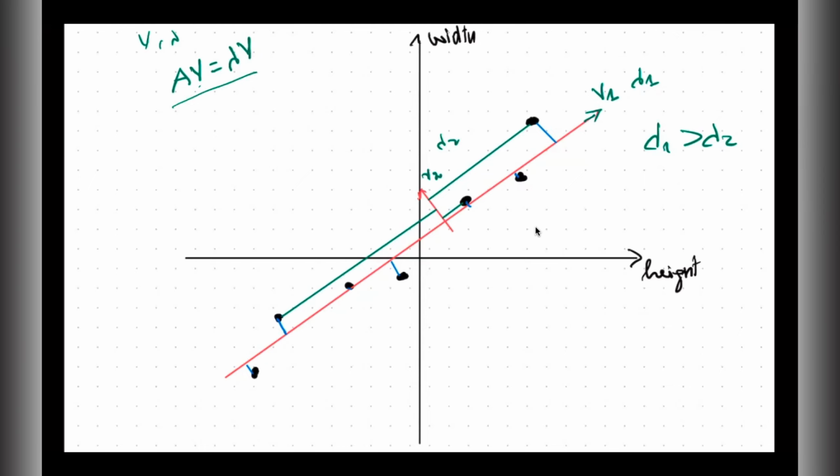And then from there, first you find the eigenvalues, and for each eigenvalue, you find the corresponding eigenvector. Then you sort those eigenvectors by order of eigenvalues. And then you pick the top K and you project. So this means that you will pick the top K.